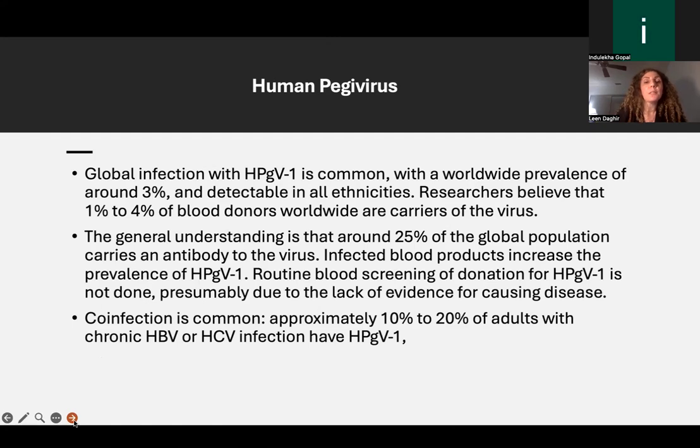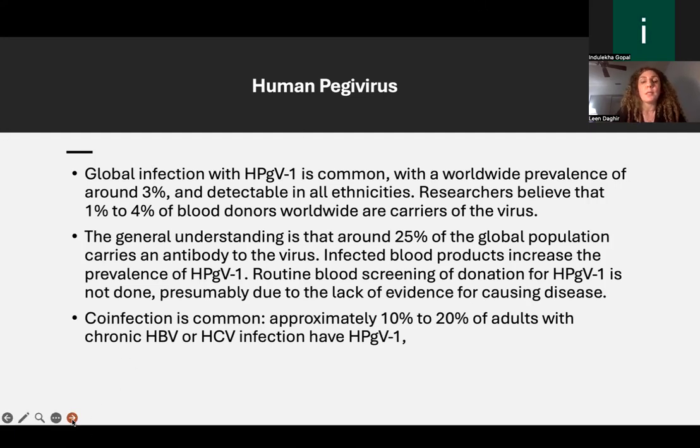Human pegivirus. This virus is a common global infection with a worldwide prevalence of around 3%. It is detectable in all ethnicities, and researchers believe that 1 to 4% of blood donors worldwide are carriers of this virus. The general understanding is that around 25% of the global population are carriers of antibodies to this virus.